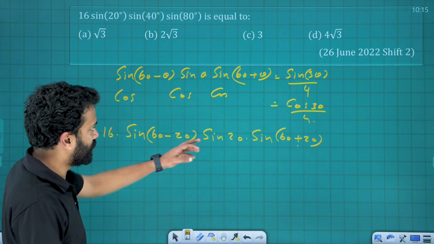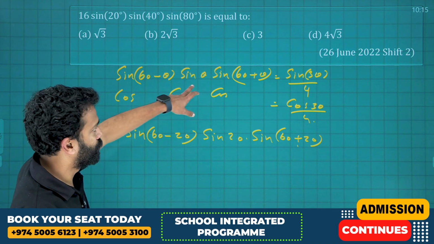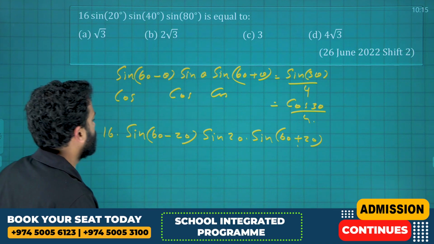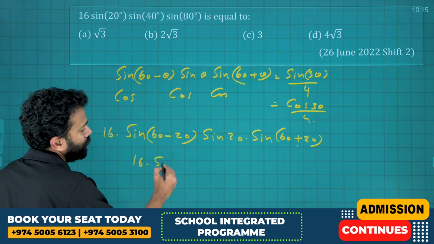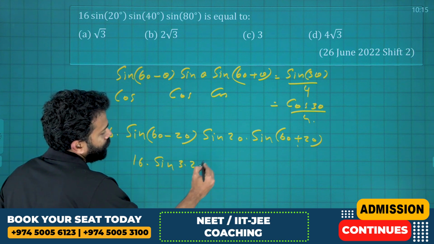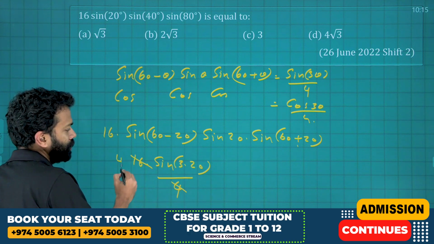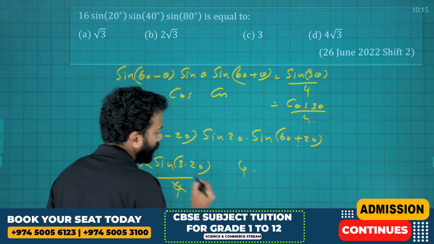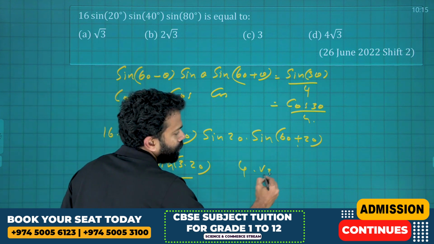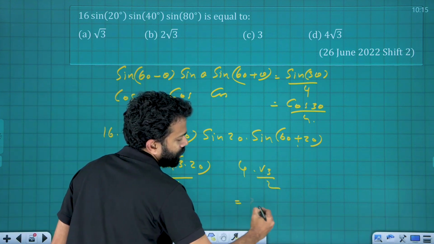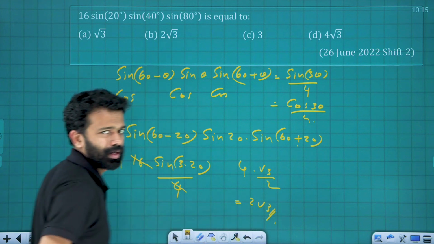So, this is exactly this format. Therefore, the answer will be 16 into sine of 3 into 20 divided by 4. This will get cancelled and becomes 4. And the rest will be 4 into sine 60. What is sine 60? Root 3 by 2. Therefore, the answer is 2 root 3. Done. That's all.